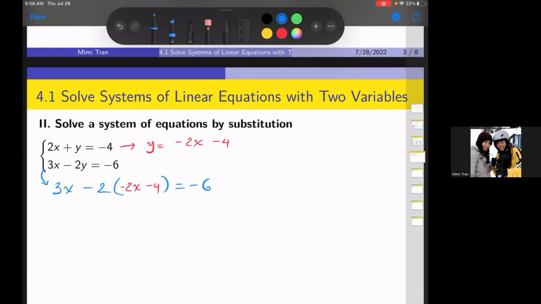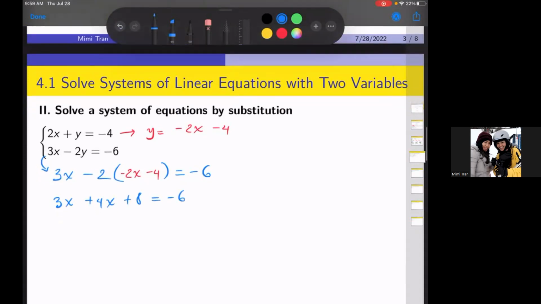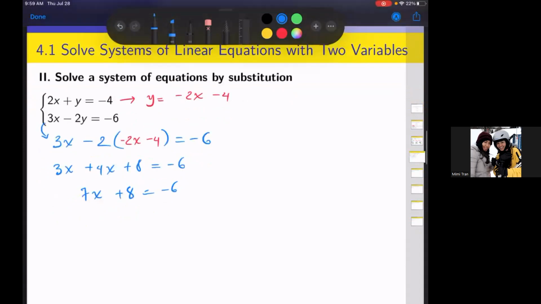You guys know how to solve for this, right? So it's going to be 3x plus 4x plus 8 equals negative 6. Combine like terms, 3x plus 4x is 7x plus 8 equals negative 6. Subtract 8 from both sides. 7x equals negative 14. x equals negative 2. And don't stop. You need to solve for y, right?